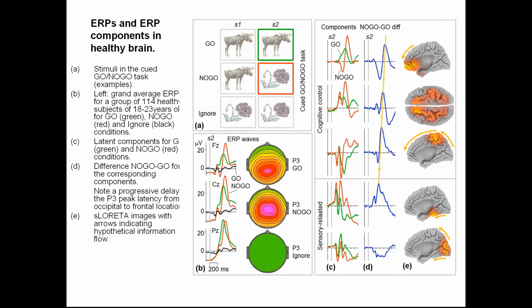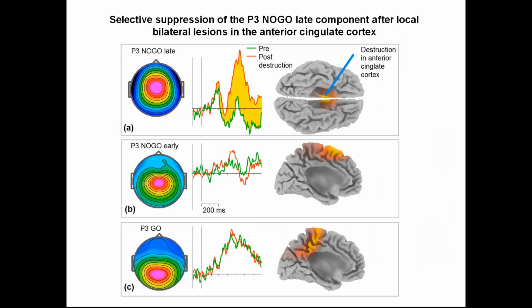So now we know quite a lot about the functional meaning of these components, and probably it's not the right place to talk about all this finding, all this research which was done in our laboratory during the last 10 years.